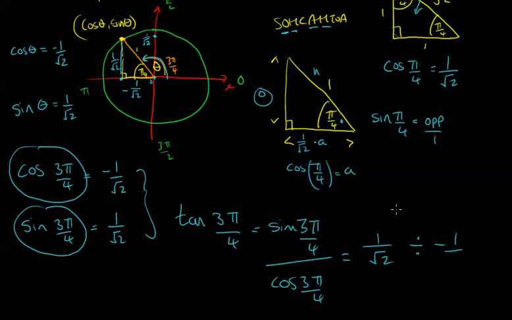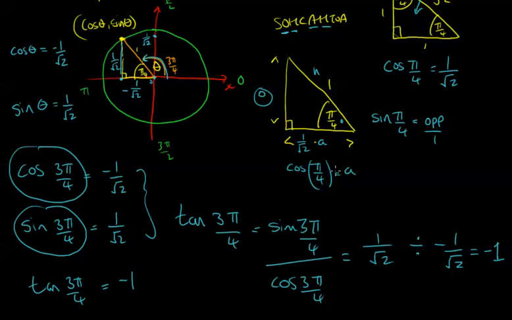If you think about what we have here, it's 1 over root 2 divided by almost itself, but minus itself. Something divided by itself is 1, but something divided by minus of itself is going to be minus 1. So tan 3 pi over 4 has to be minus 1.